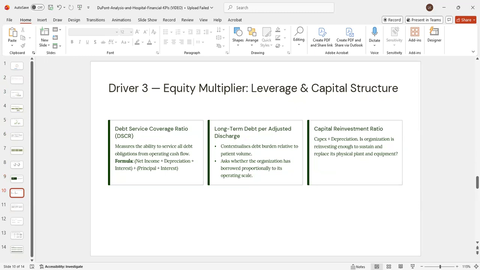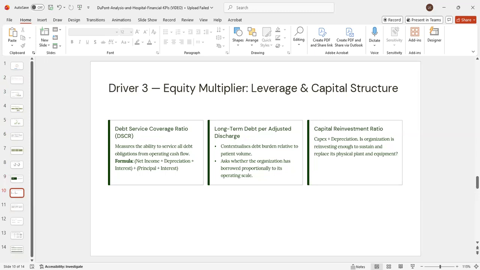Because while operational managers focus on margins and throughput, executive leadership is responsible for ensuring that your capital structure can safely support the operational engine that you are running, and that it can support future growth without introducing any insolvency risk or financial distress.